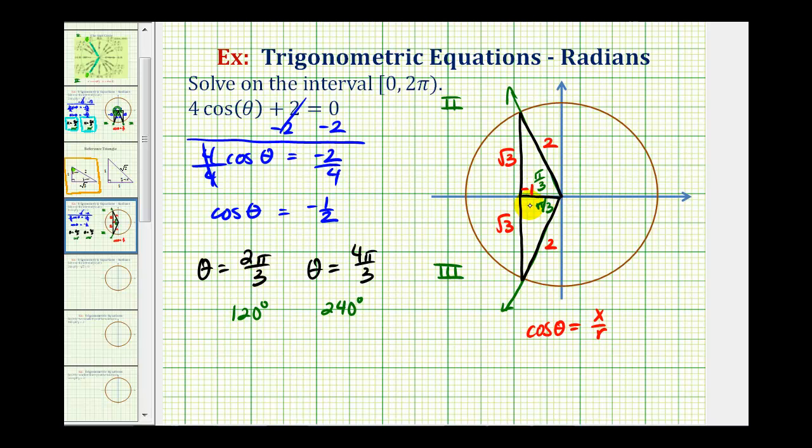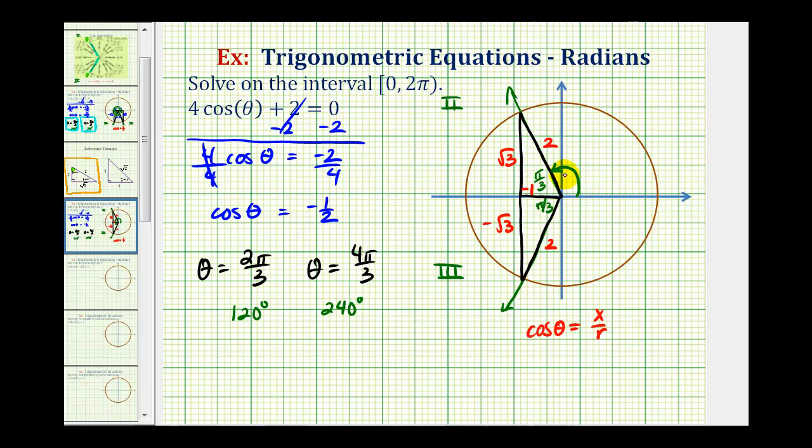In the third quadrant, where both the x-coordinate and y-coordinate are negative, the 1 is already negative, but the square root 3 would also be negative. Notice in both reference triangles, the cosine function value would be negative 1/2, which verifies our two solutions.